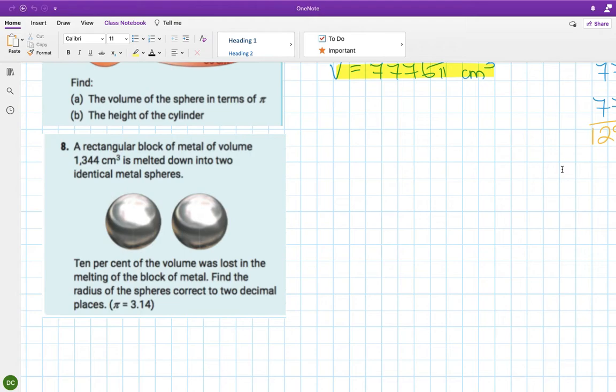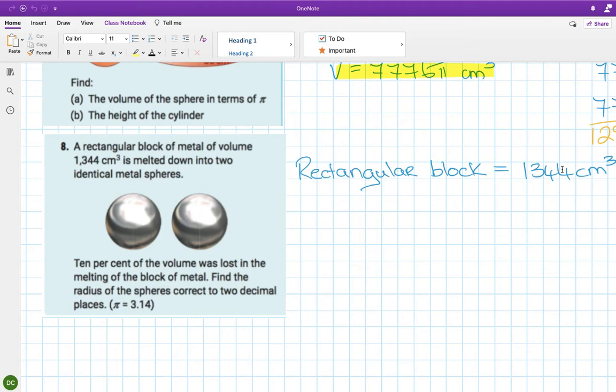So the rectangular block is 1344 centimeters cubed. Okay, that's going to be turned into 2 spheres, but 10% of the volume is lost.